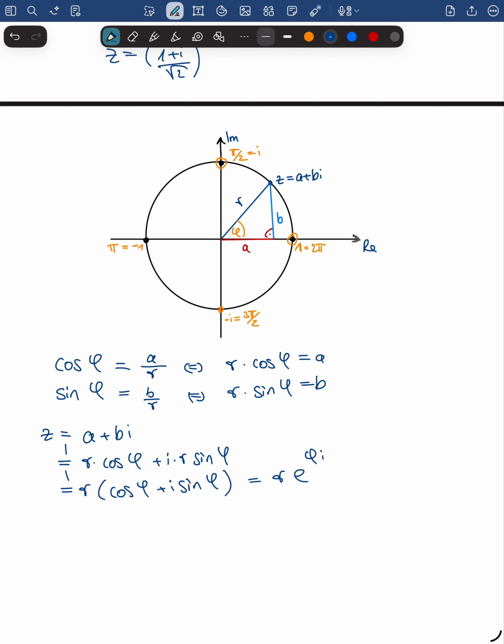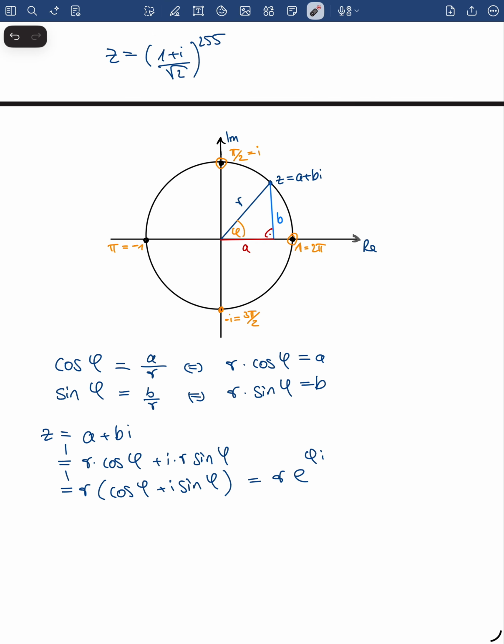Now we're talking about the angles. From this representation, we know that we are concerned basically with a cosine and a sine, and both of these functions are 2 pi periodic. That means if we start at some value, for example 1, it takes one period, which is 2 pi, to end up again at 1.